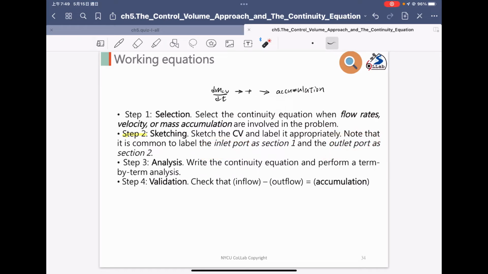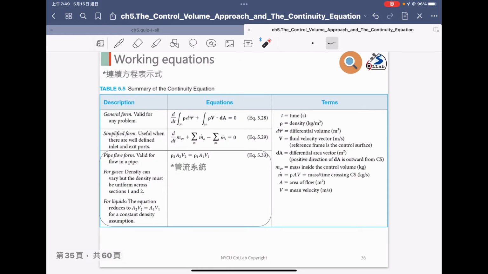So you can make the flow rate balance, and then you need to understand the mass changes in the control volume with time. Okay, and finally you can validate whether the system is accumulating or not.